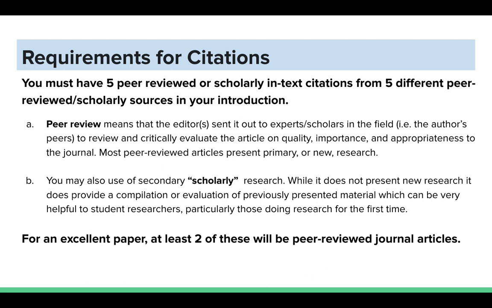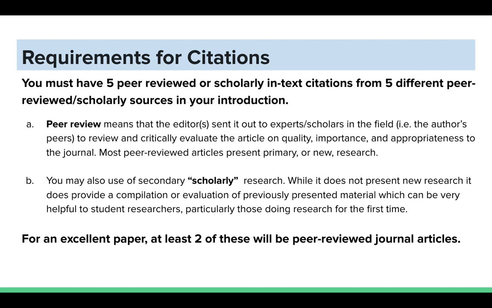So what does peer review mean? Peer review means that the editors send it out to experts and scholars in the field, i.e. the author's peers, to review and critically evaluate the article on quality, importance, and appropriateness to the journal. Most peer-reviewed articles present primary or new research. You may also use, as one of your five, secondary or scholarly research.